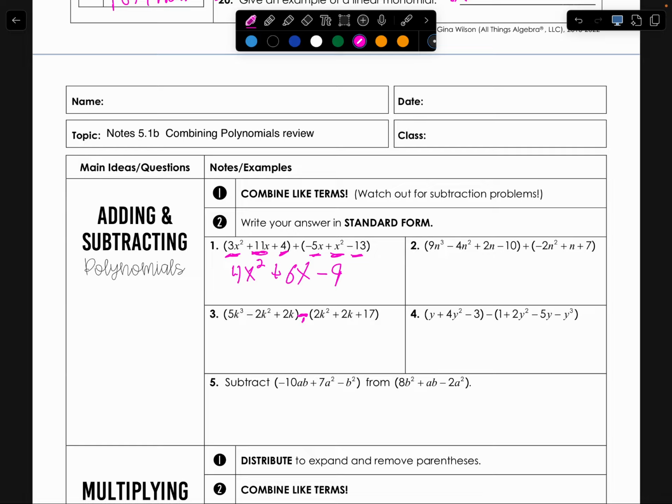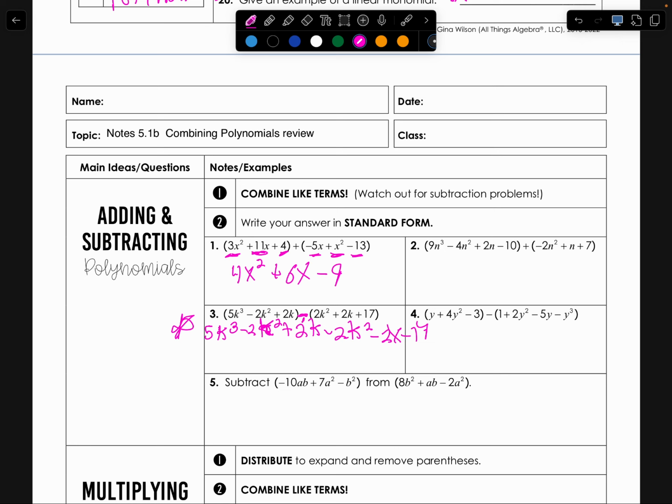So here's what I want you to write for the first step. 5k cubed minus 2k squared plus 2k minus 2k squared minus 2k minus 17.